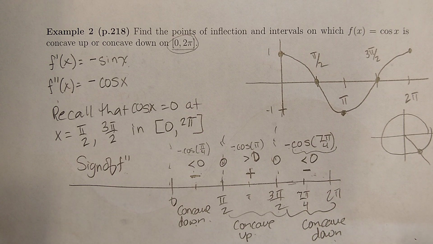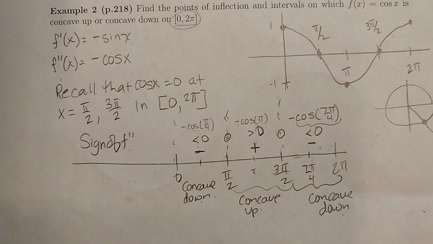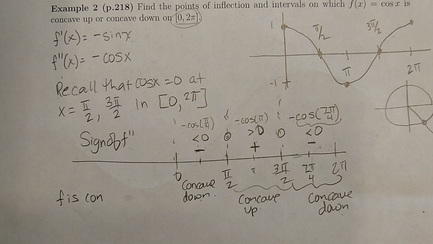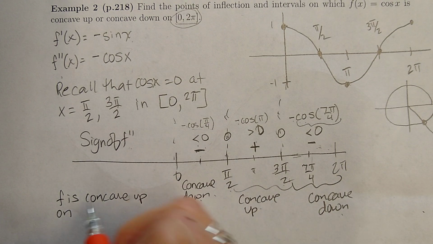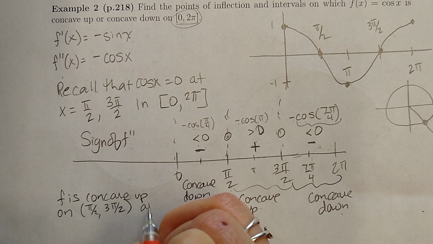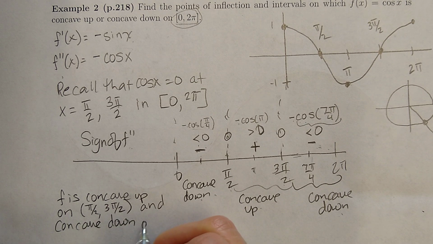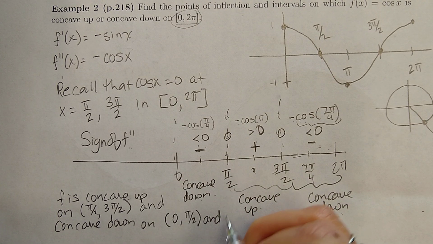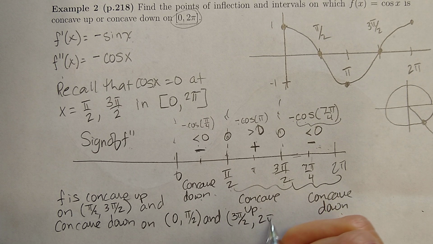So to summarize, and I'm going to have to move the camera just a little bit. To summarize, F is concave up on the interval from pi over 2 to 3 pi over 2, and concave down on the interval from 0 to pi over 2 and 3 pi over 2 to 2 pi.